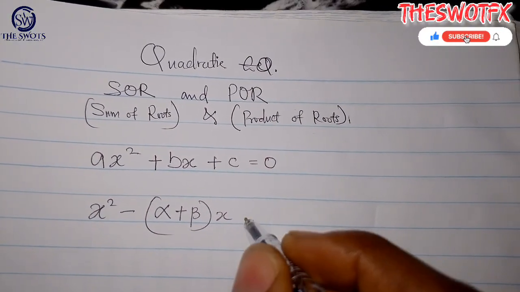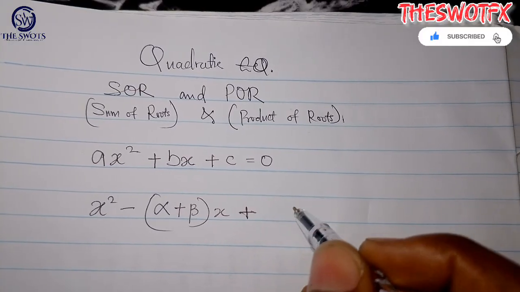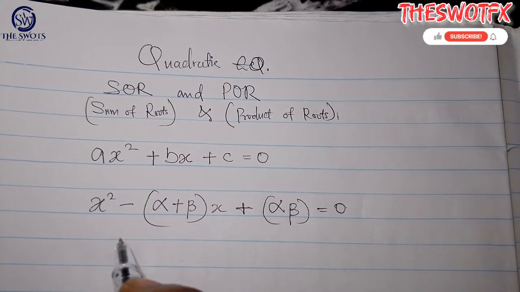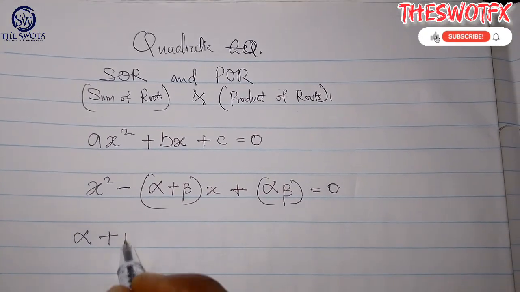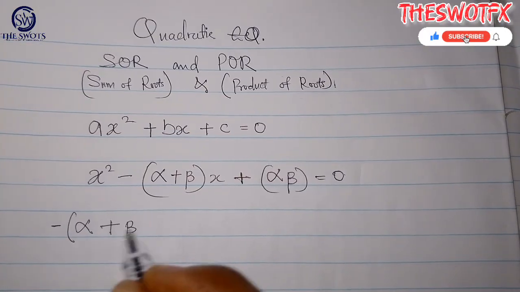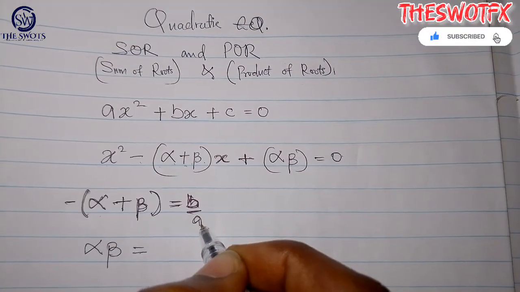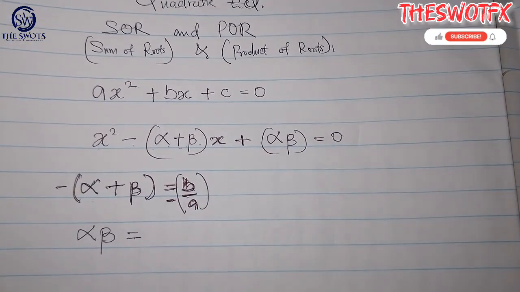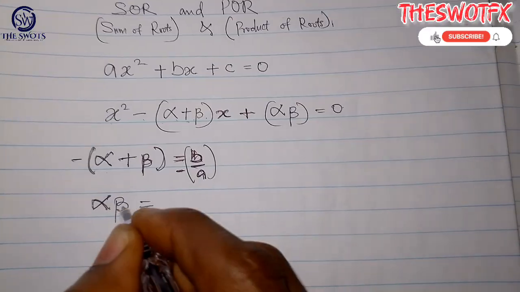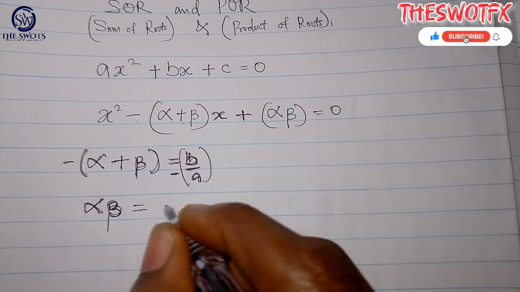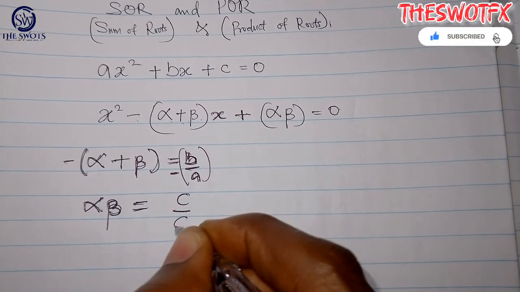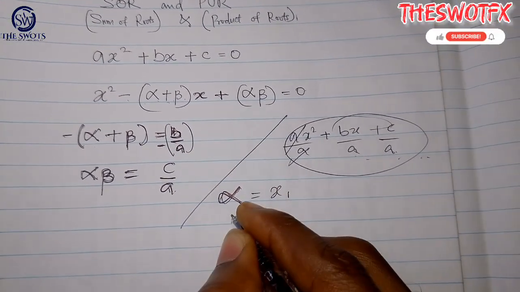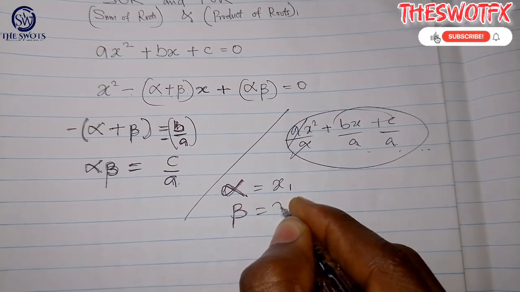Are we together? Alpha plus beta, with the negative sign, is our minus b over a. Then alpha beta, which is the product, is our c over a. Alpha is our x1, then beta is our x2.